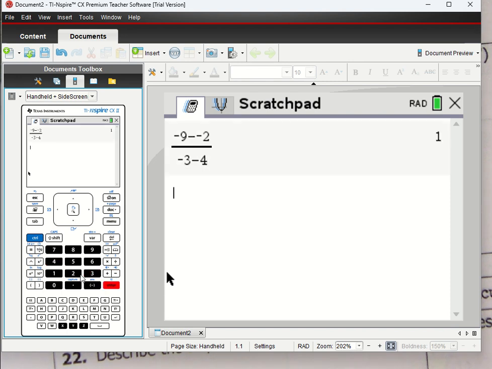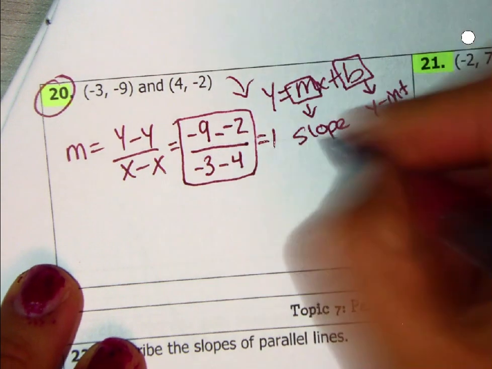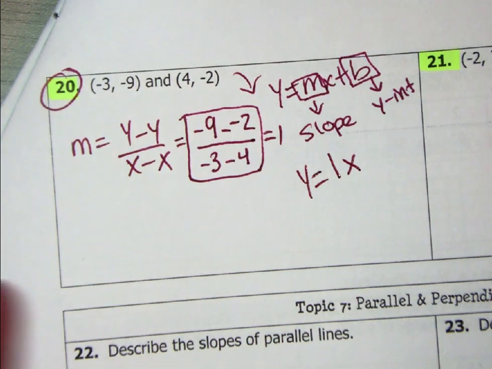So the slope here is 1. Okay, so let me put that here. This is equal to 1. We're going to have the equation of 1x, and then now we need to find the b value.